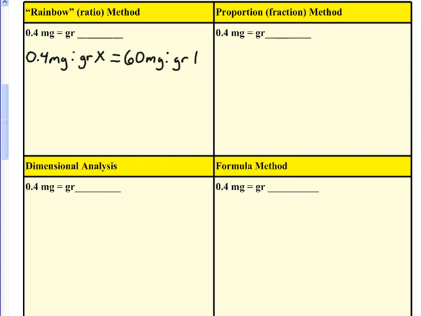To solve for x, we will multiply our means and our extremes by drawing a rainbow. We're going to multiply the 0.4 milligrams times grain 1.